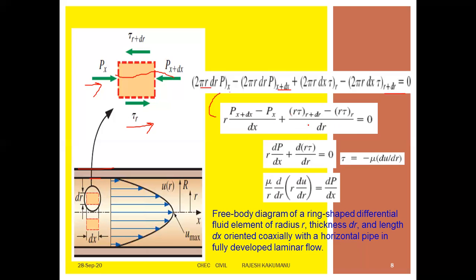After getting this equation, again we simplify: r times dp by dx plus d by dr of r tau is equal to 0, where tau is equal to minus mu du by dr. That is, mu by r, d by dr of r du by dr, is equal to dp by dx.